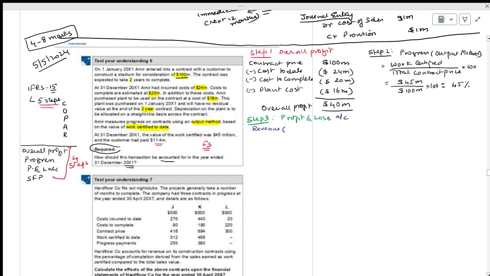Revenue is contract price times progress. Contract price is 100 million, progress is 45%. Revenue will be 45 million.